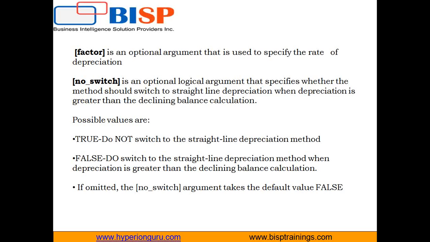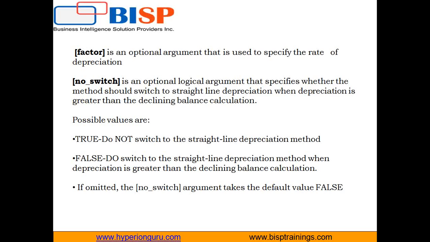The idea behind the variable declining balance method is that you take the double or triple declining balance depreciation until that value is less than the straight line depreciation would be. When the double declining balance depreciation would be less than the straight line depreciation, setting the argument to true causes Excel to stay with double declining balance instead of switching, while setting the argument to false would cause it to switch to the straight line method.